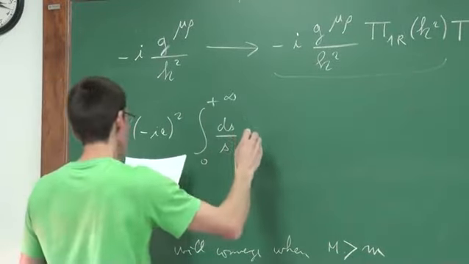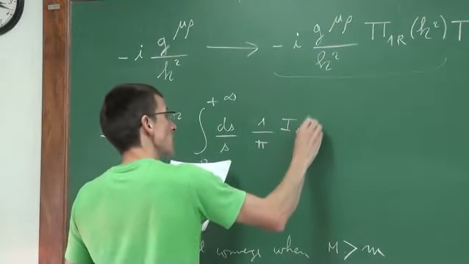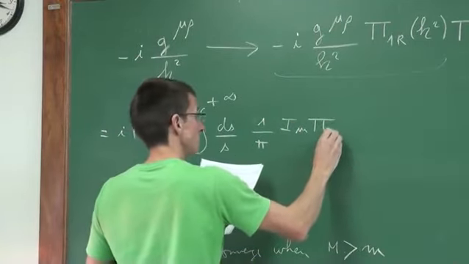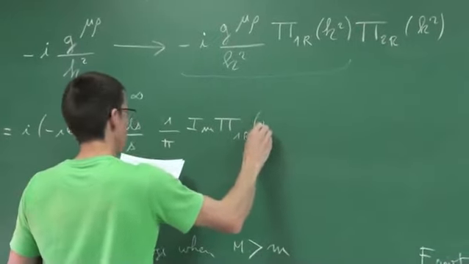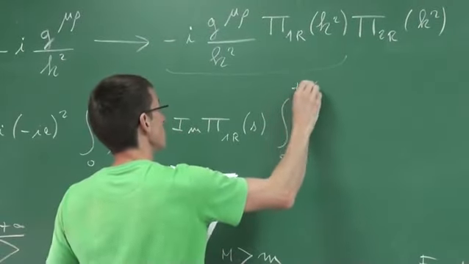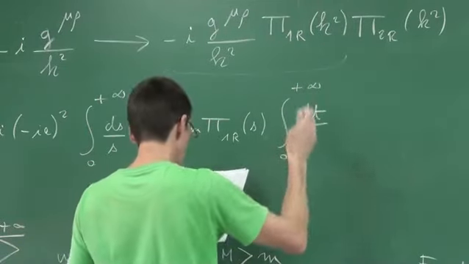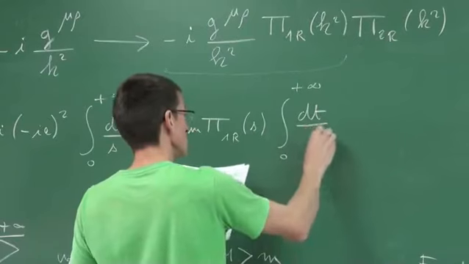This is the first dispersive integral: the imaginary part of pi 1, from S 0 to infinity, dt, plus 2 dispersive things.